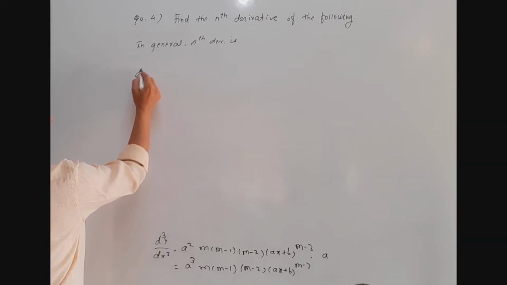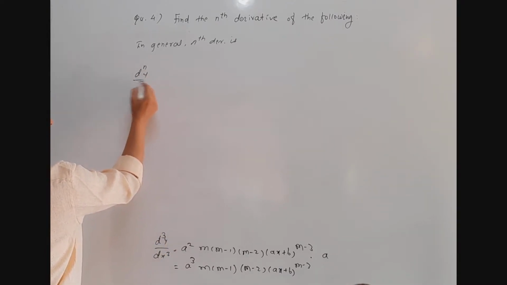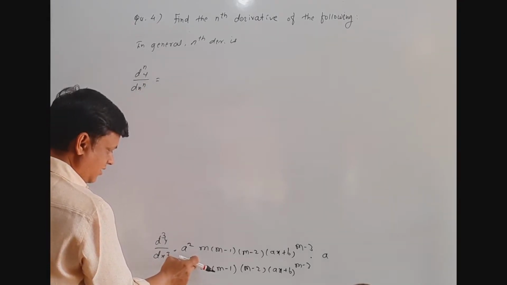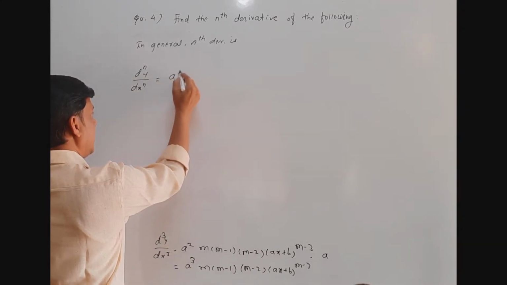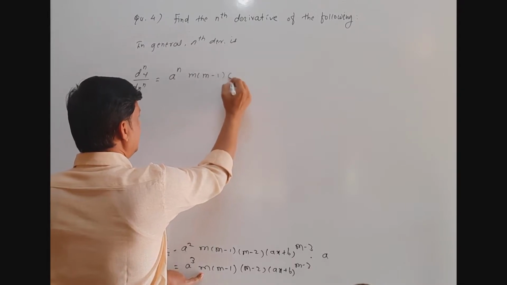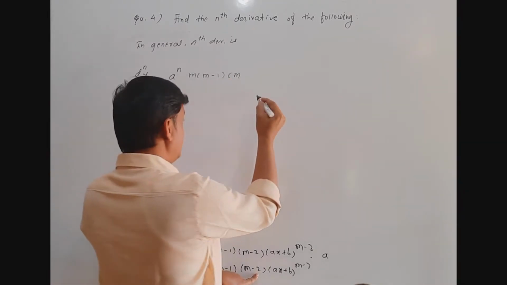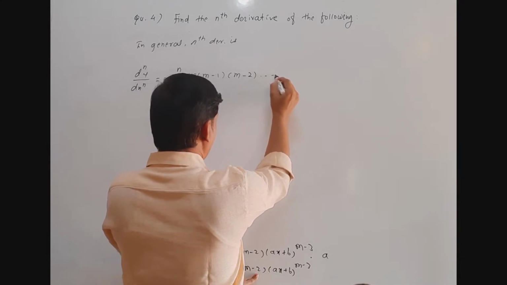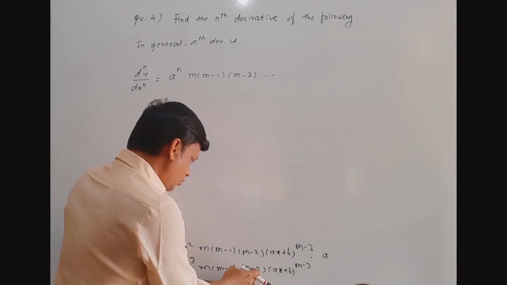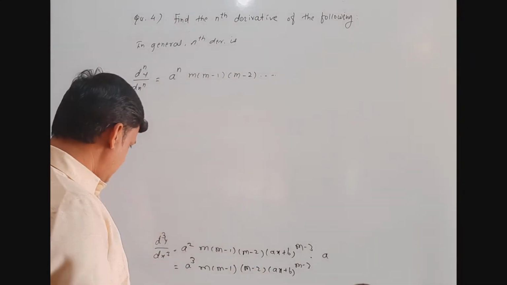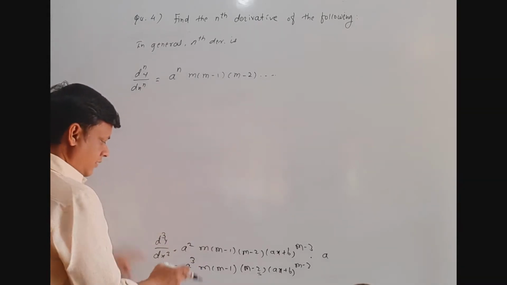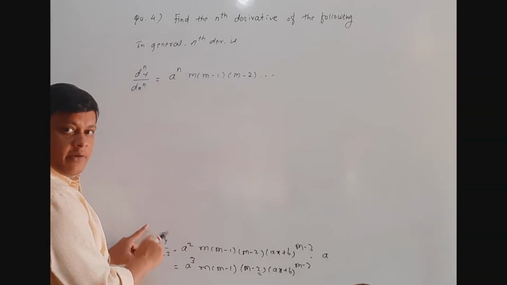So write here dn y by dxn is equals to, we replace this 3 by n, so we get here a raised to the power n, then m into m minus 1 into m minus 2 and so on. Next term, if you observe this 2 means we get the value 1 less than the derivative order.